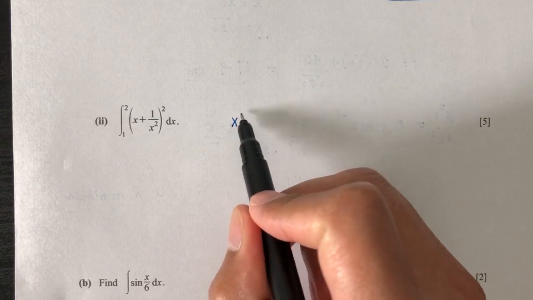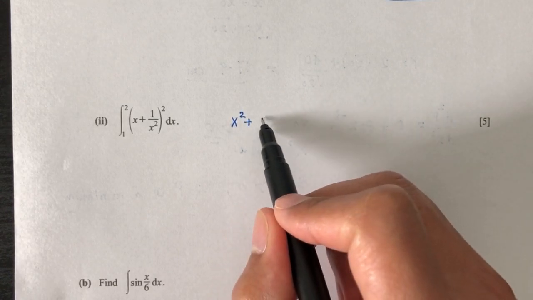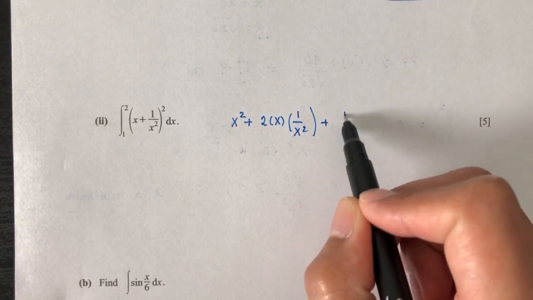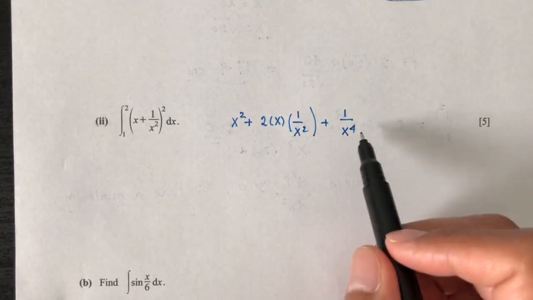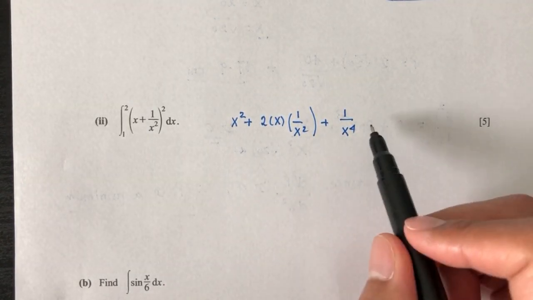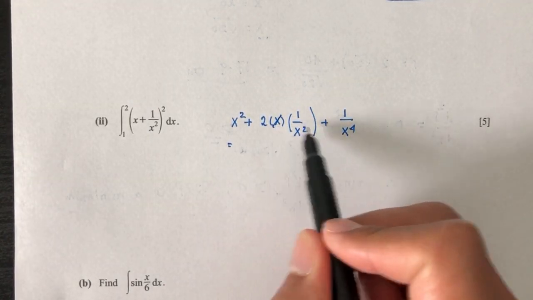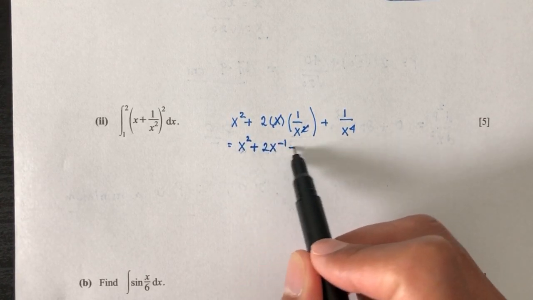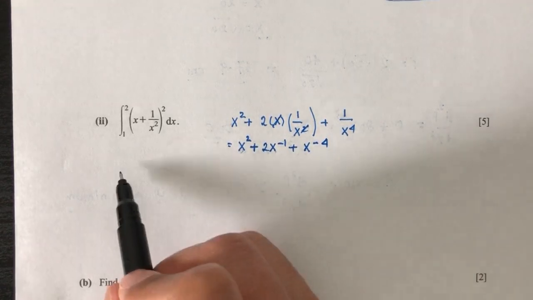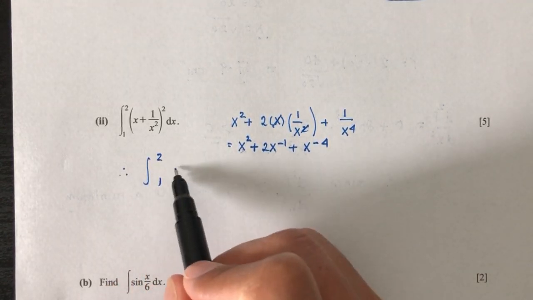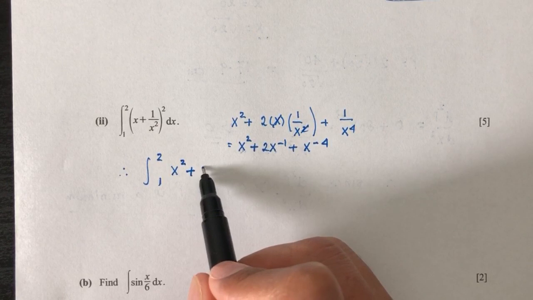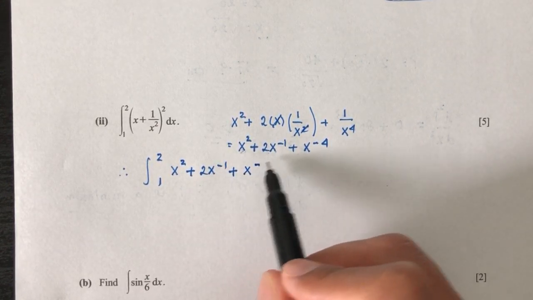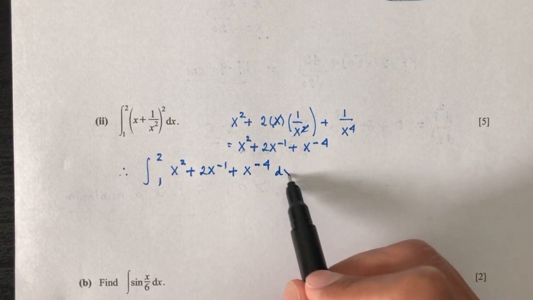This is actually x squared plus 2x plus 1 over x squared plus 1 over x to the power of 4. So that is equal to x squared plus 2x to the power of minus 1 plus x to the power of minus 4. So let's integrate from 1 to 2 of x squared plus 2x to the power of minus 1 plus x to the power of minus 4 dx.